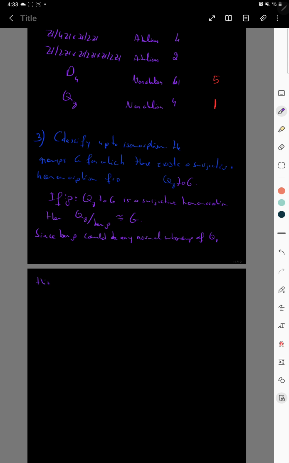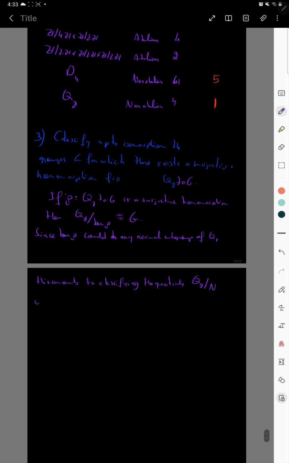This amounts to classifying, to say how many isomorphism classes do we have, the quotient groups Q8 mod N, where N is a normal subgroup of Q8.